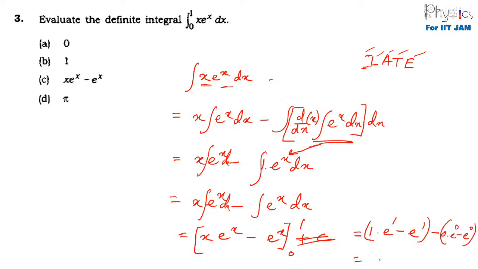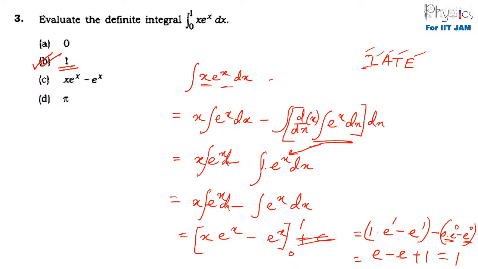And it gives us e minus e minus this is 0 and this is 1, minus minus plus 1. That means the answer is option B, 1.